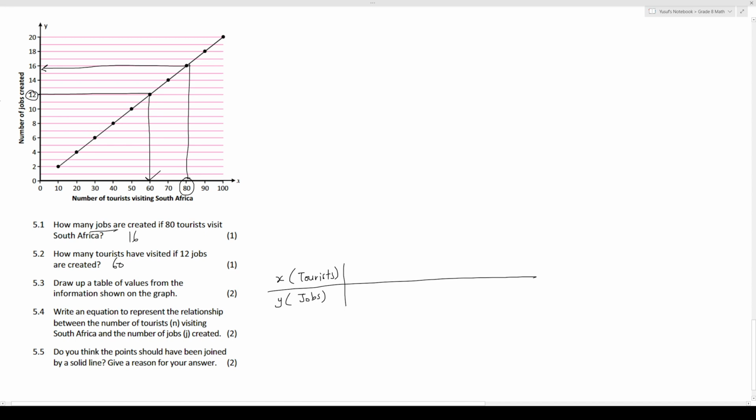So we will say 10 tourists, 20, 30, 40, 50, 60. We'll go up to 60. The jobs then created will be 2, 4, 6, 8, 10, 12. And of course it will continue. So this is our table.